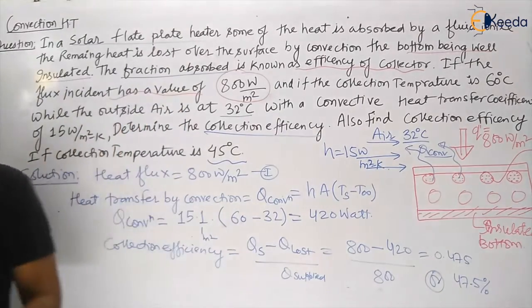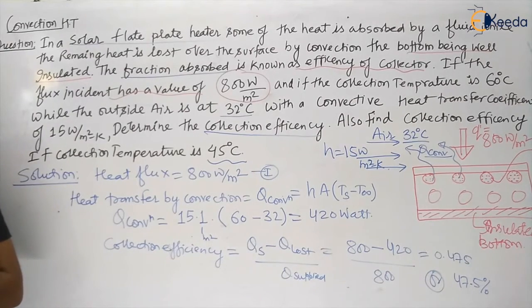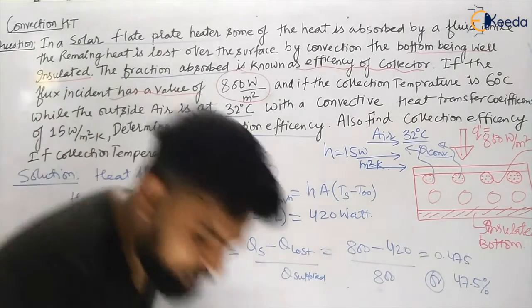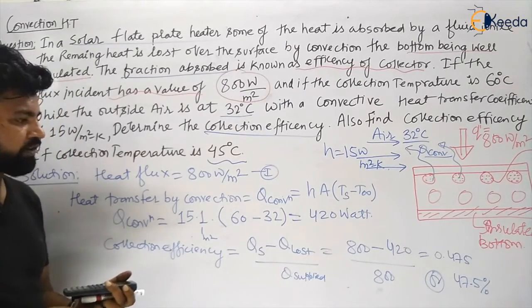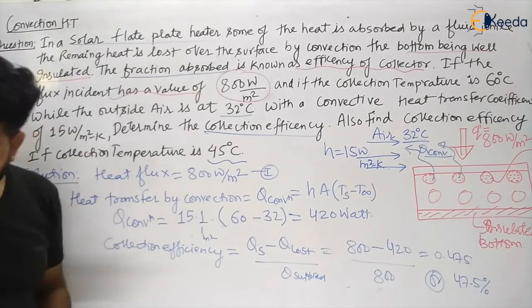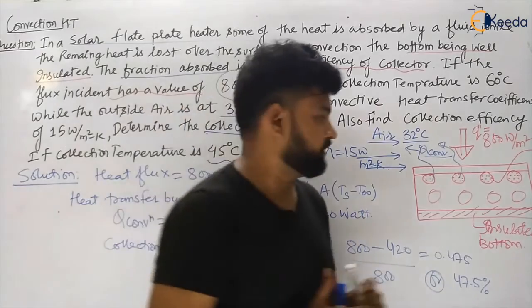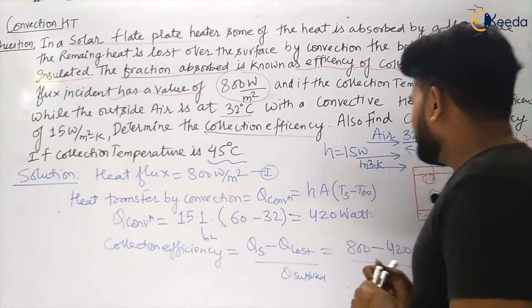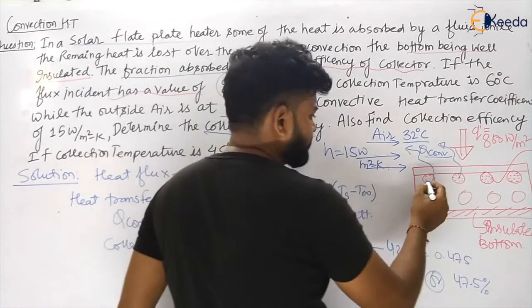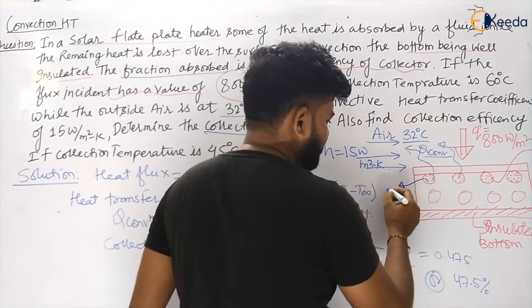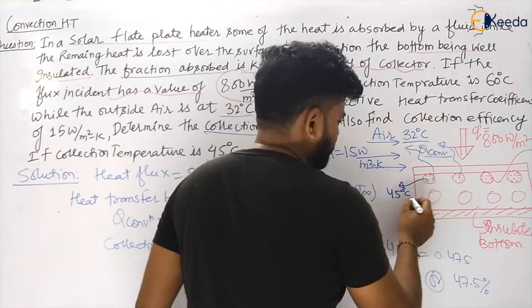Now let us see the second case, when the collection temperature is 45 degree Celsius. So my dear students, if the collection temperature becomes 45 degree Celsius, then what will be the efficiency? Let us see. Now let us observe here. If this collector temperature is coming to be 45 degree Celsius, why?